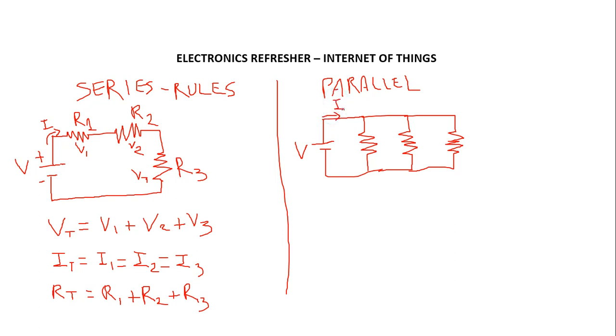Here we have our total current, our resistor 1, our resistor 2, and our resistor 3.